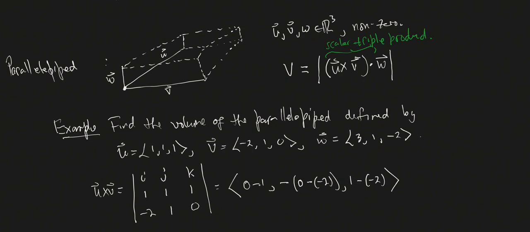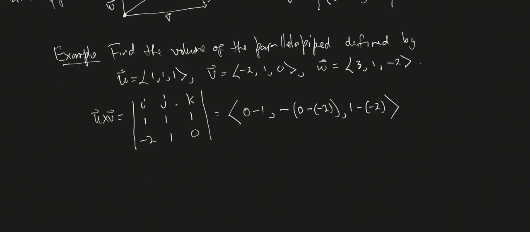So I'm going to end up doing 3 times this, and then 1 times this, and then -2 times this, and I would add them all together. Let's go ahead and simplify this, and then we'll do our dot product. So we'll have -1, and then this is -2, and then this is a +3. So that's the cross product.